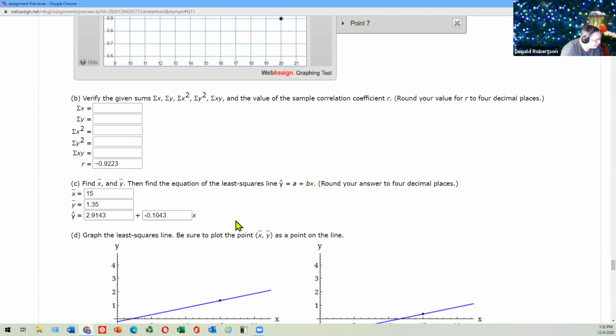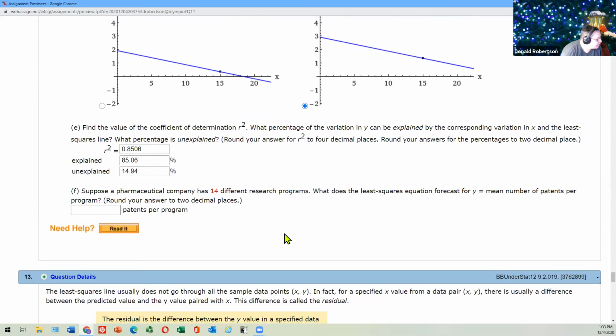2.9143 subtract 0.1043 times, I believe it was 14, double check. Yeah.